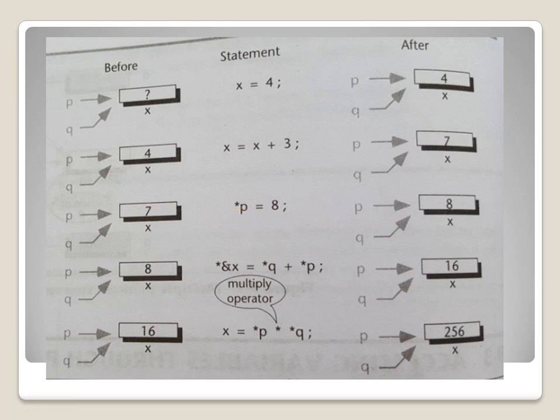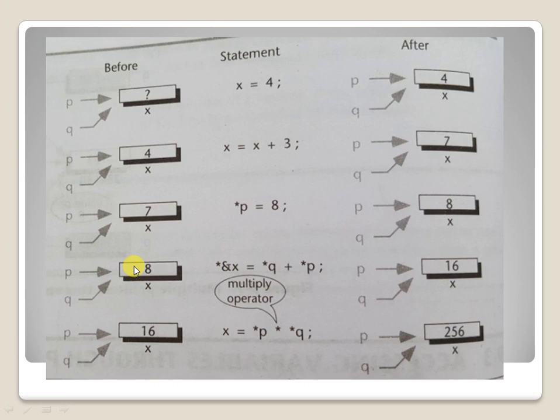So I am repeating it again. The star operator helps you to access the variable that is pointed by the pointer. So P was pointing to the variable x. So now the value of x gets updated to 8. So if you see on the right, x is updated to 8.